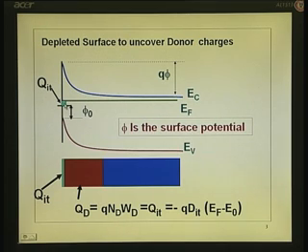So, this quantity now here is the band gap E_g, minus phi_0. So, band gap E_g minus phi_0, it leaves you with this total quantity plus this E_F minus E_0.